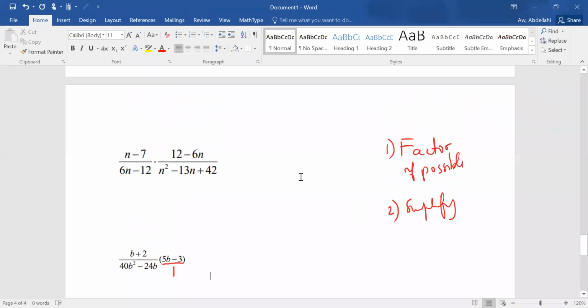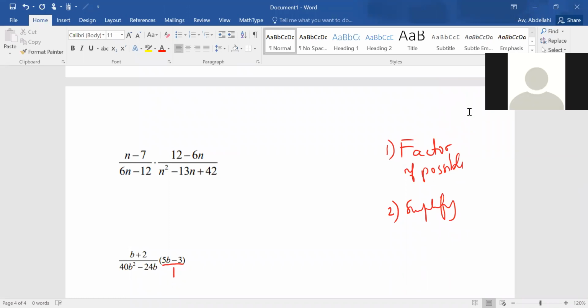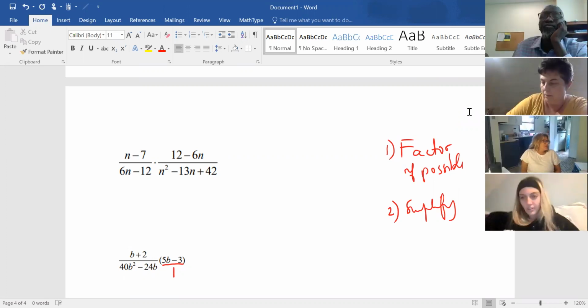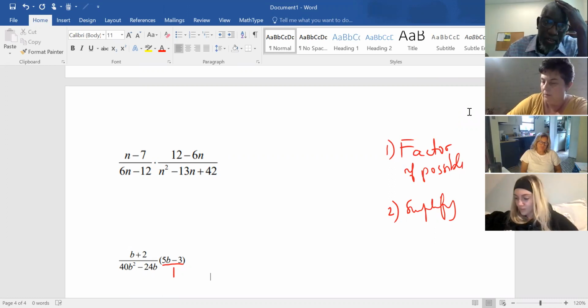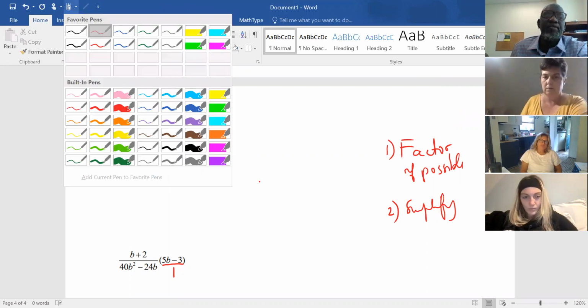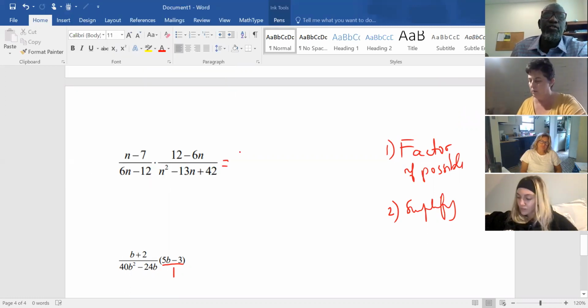All right, so you see, it's about factoring, right? This is about factoring. Yeah, you can factor. Go ahead. So the first one here, the n minus 7, of course, we don't have to do anything with it, right?